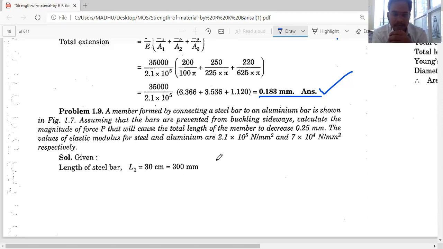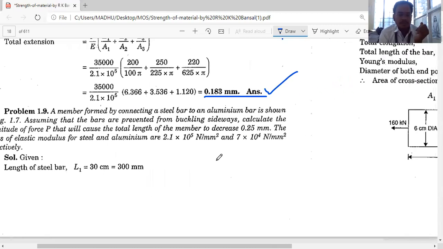Assuming that the bars are prevented from buckling sideways, calculate the magnitude of force P that will cause the total length of the member to decrease by 0.25 mm. The values of elastic modulus of steel and aluminium are given separately. There are two materials, steel and aluminium.